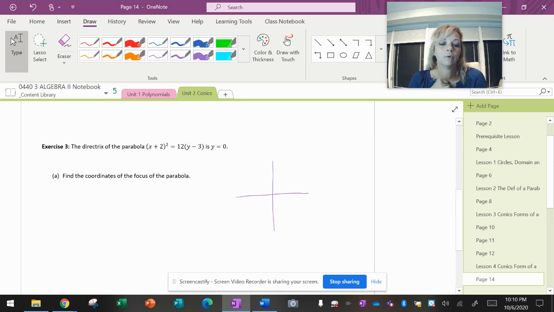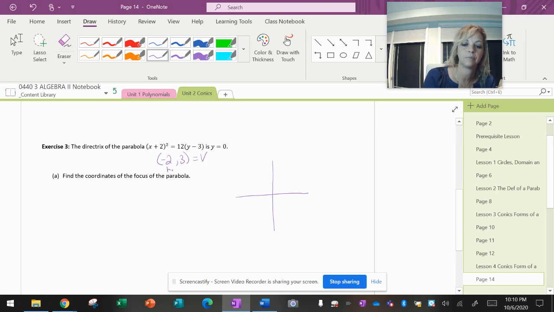All right, so I do remember from yesterday, I have negative 2, 3 as my vertex, this is my h, and this is my k. Y equals 0 is actually the x-axis.